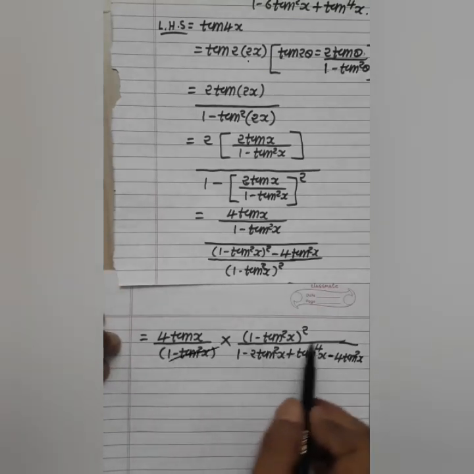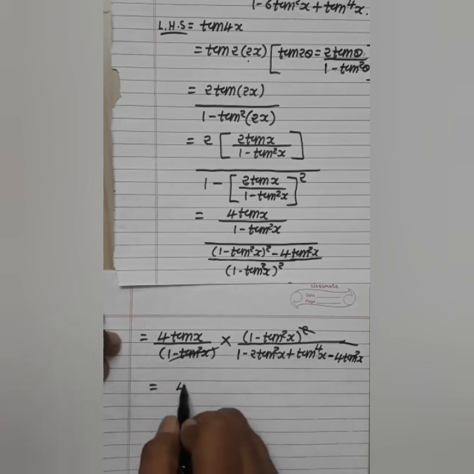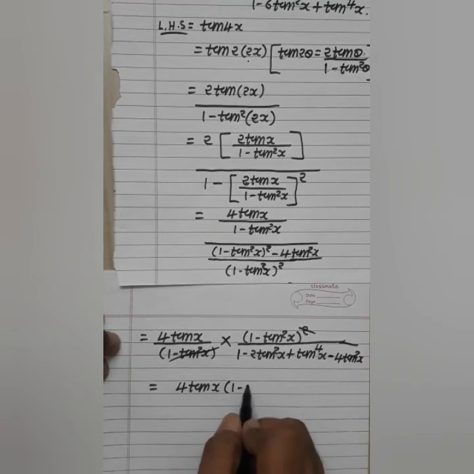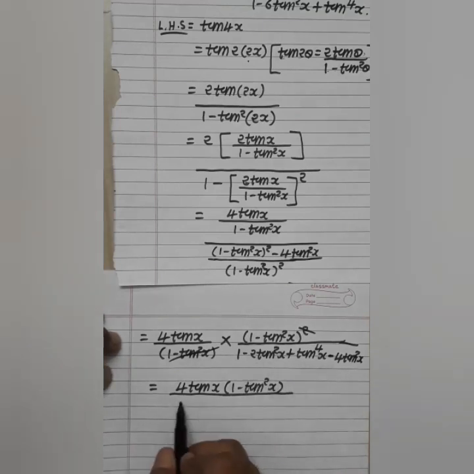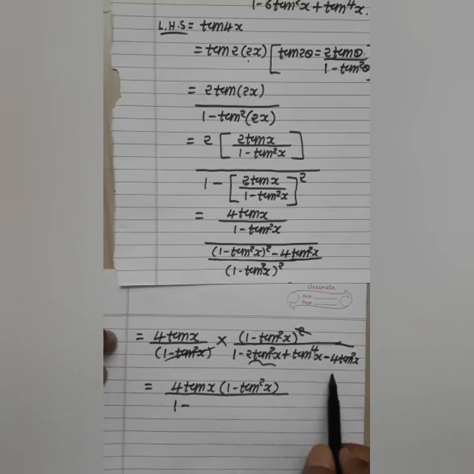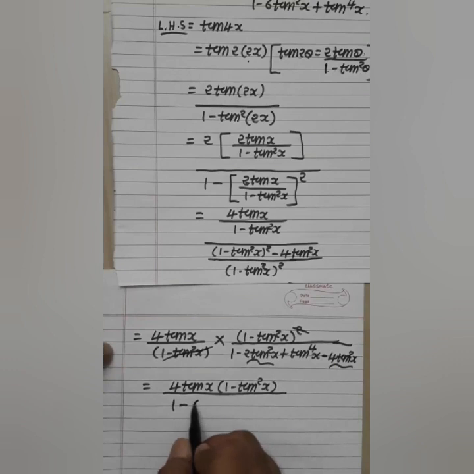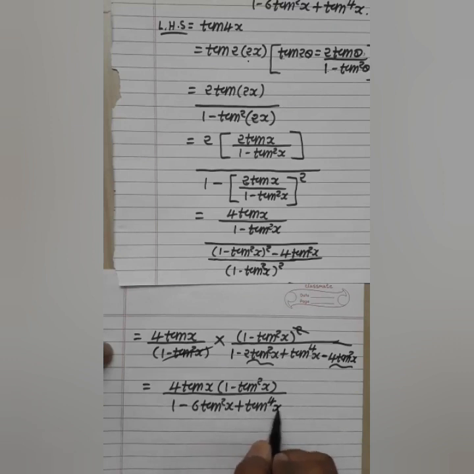Now here one term cancels out, so in the numerator the remaining term is 4 tan x into bracket 1 minus tan square x, upon, in the denominator, 1 minus 2 tan square x minus 4 tan square x, that means minus 6 tan square x plus tan raised to 4 x.